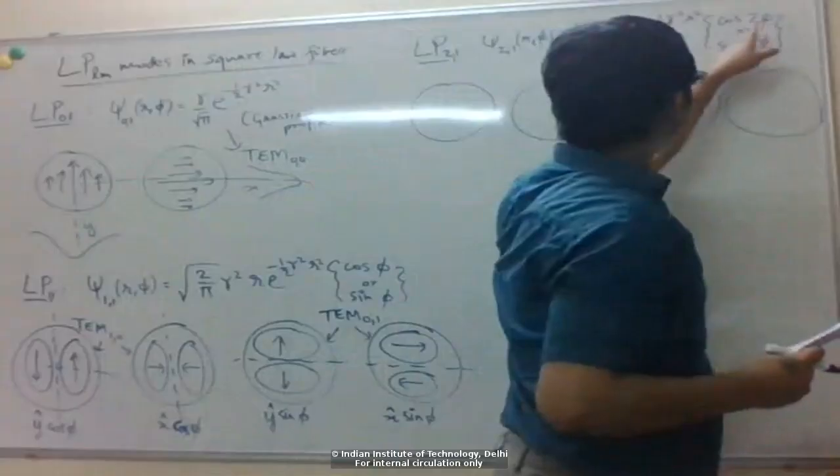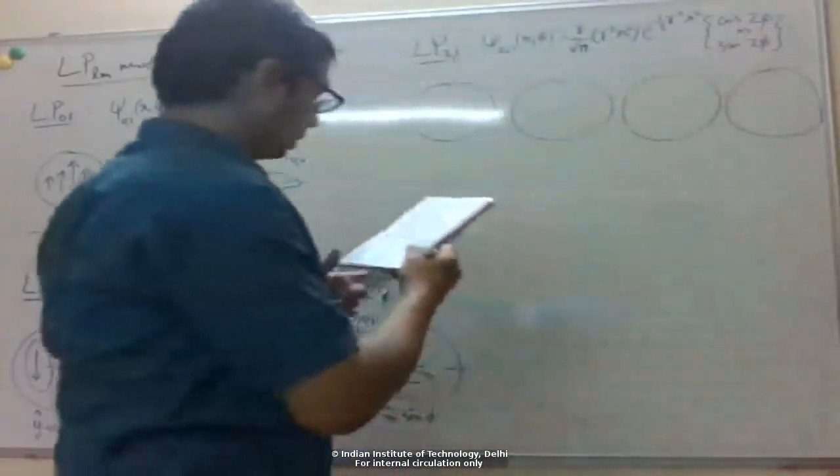And now in the azimuthal direction, we have 4 zeros, right?